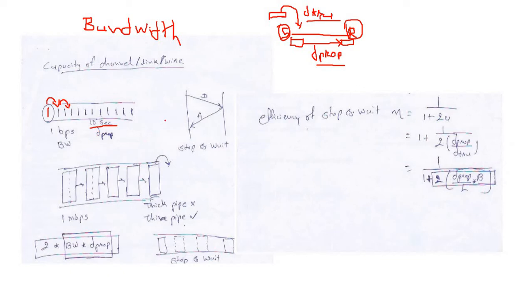Now let's understand. We are discussing with respect to the stop and wait protocol. So what happens in the case of the stop and wait protocol? Actually, suppose the bandwidth is 1 Mbps. So in place of 1 bit, here we are sending 1 megabit per second. Get it?